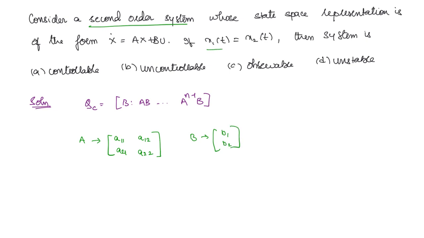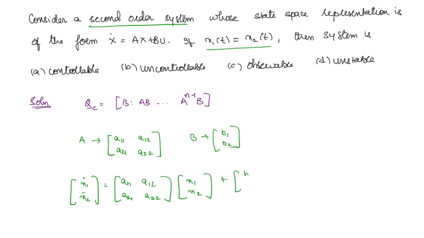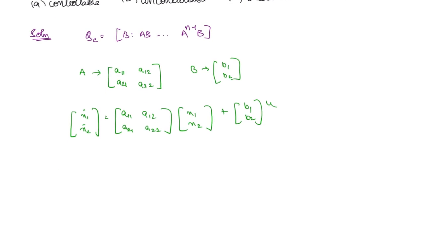Another piece of information given is x1 is equal to x2. If you write x1 dot, x2 dot equal to A into x plus B into u, with A11, A12, A21, A22, x1, x2 plus B1, B2 into u, and then write in equation form, x1 dot is equal to A11 x1 plus A12 x2 plus B1 u.